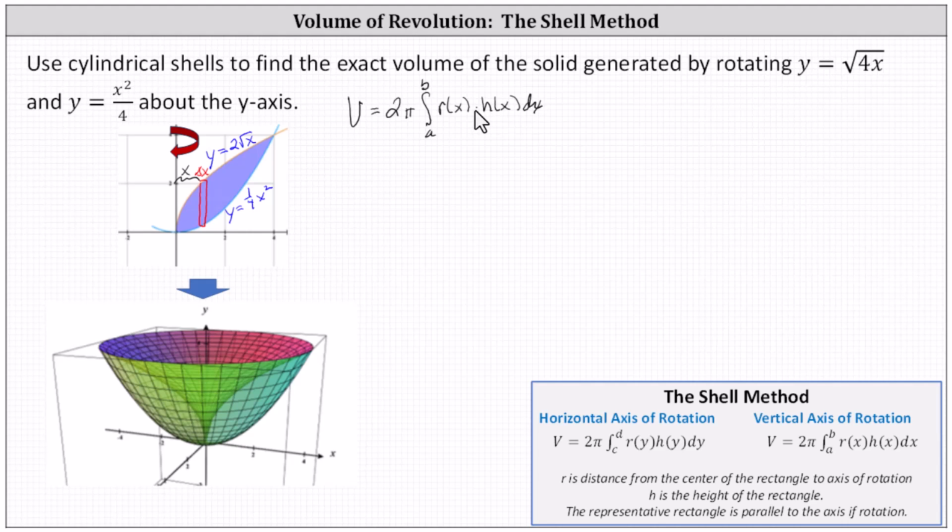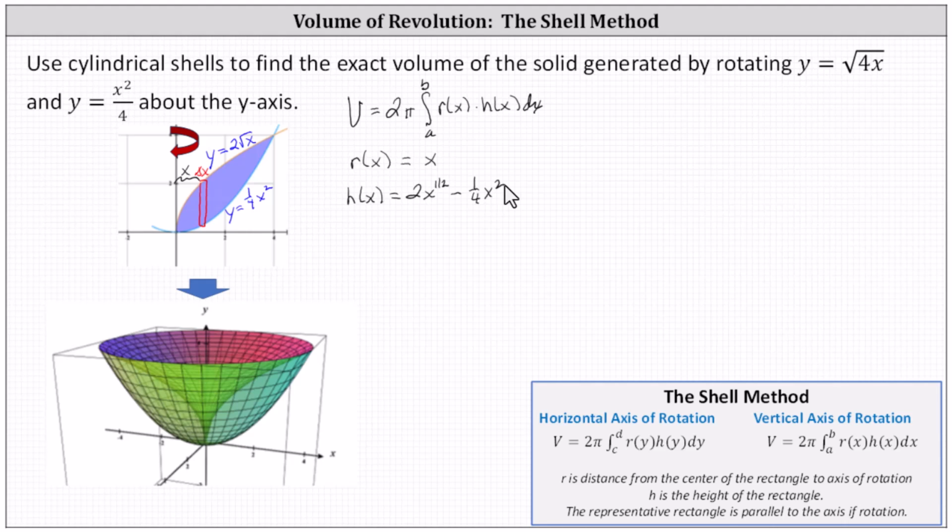R of x is the radius function, which equals x. And the height function, again, is the top function minus the bottom function. Let's write the square root of x as x to the 1/2. So h of x equals 2x to the power of 1/2 minus the bottom function, which is 1/4 x squared.